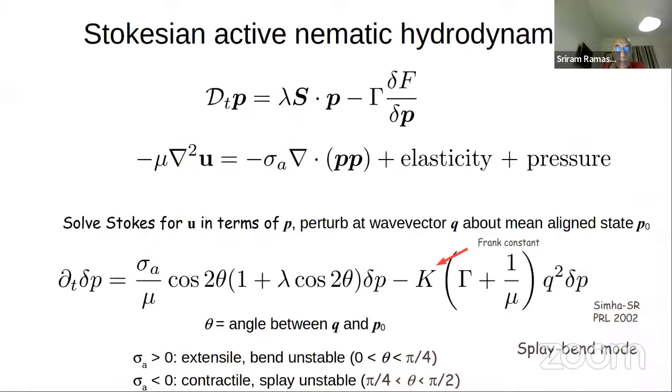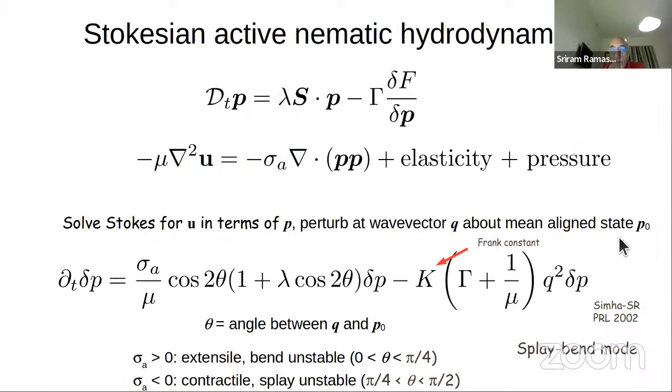So the two important messages from this slide are, one, that there is a length scale comparing the Frank constant to the active stress, and two, that there is an important time scale. On length scales big compared to this scale, this term wins.